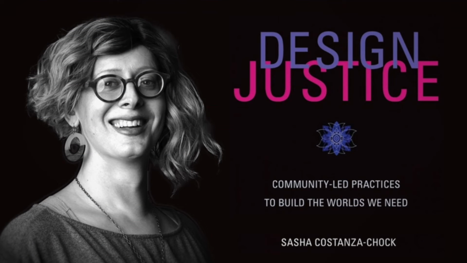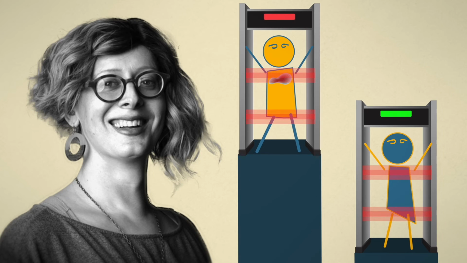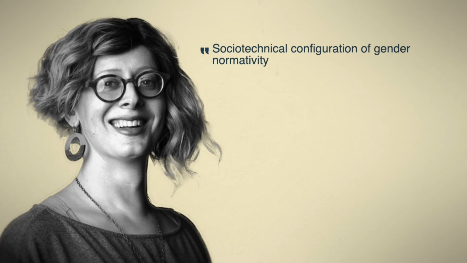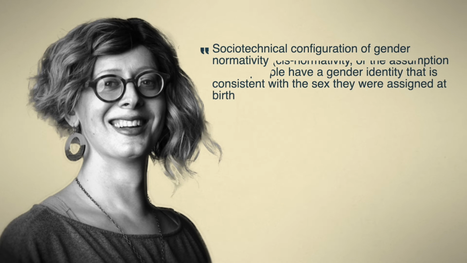Consider this example from Design Justice. The author discusses their lived experience with airport security scanners having a disproportionate discriminatory effect on transgender people. The author explains that this effect is due to socio-technical configuration of gender normativity, cisnormativity, or the assumption that all people have a gender identity that is consistent with the sex they were assigned at birth, that has been built into the scanner.